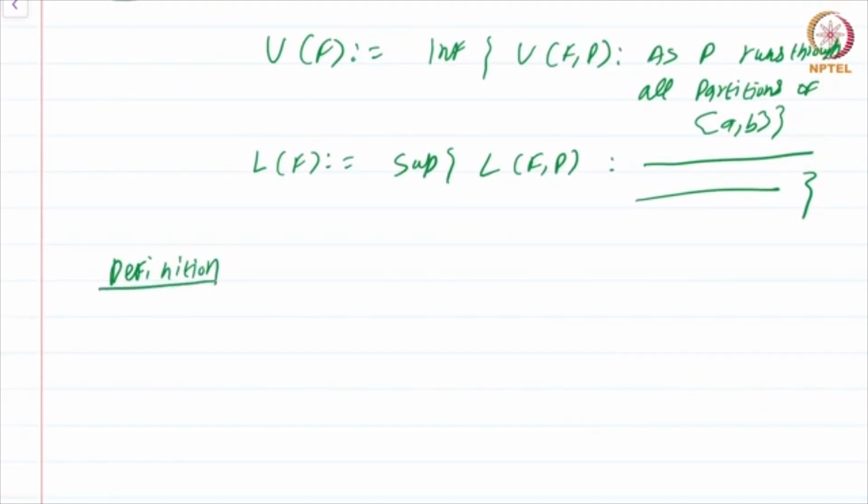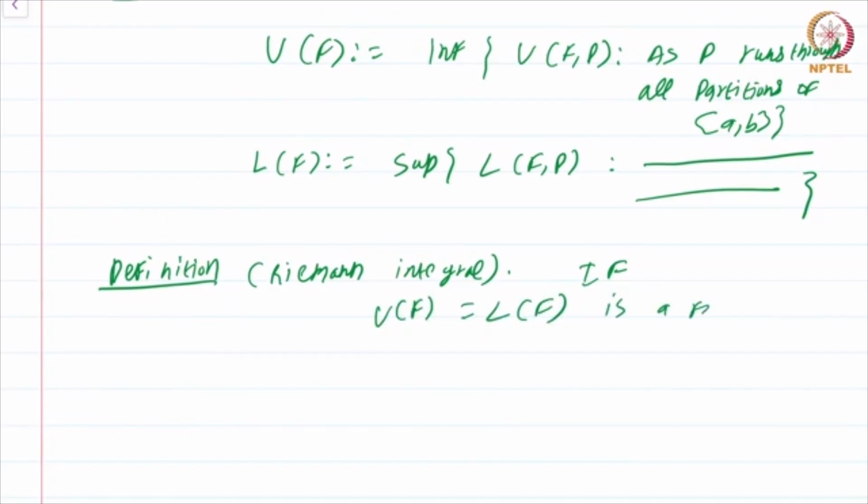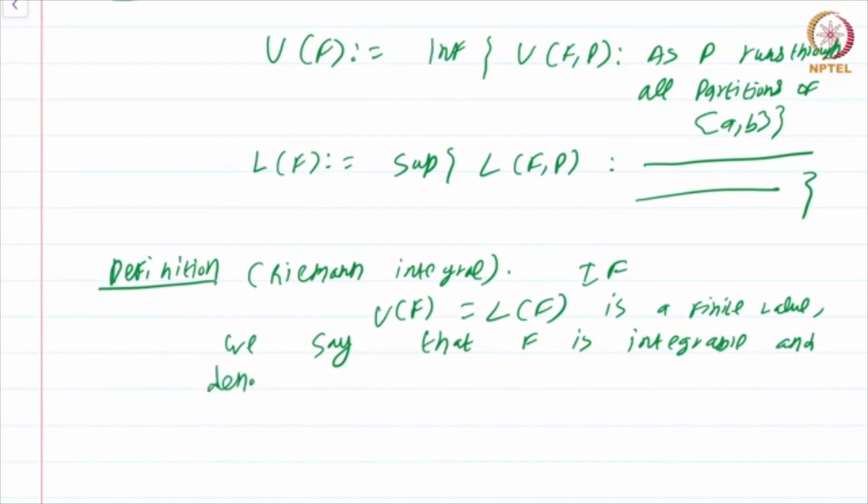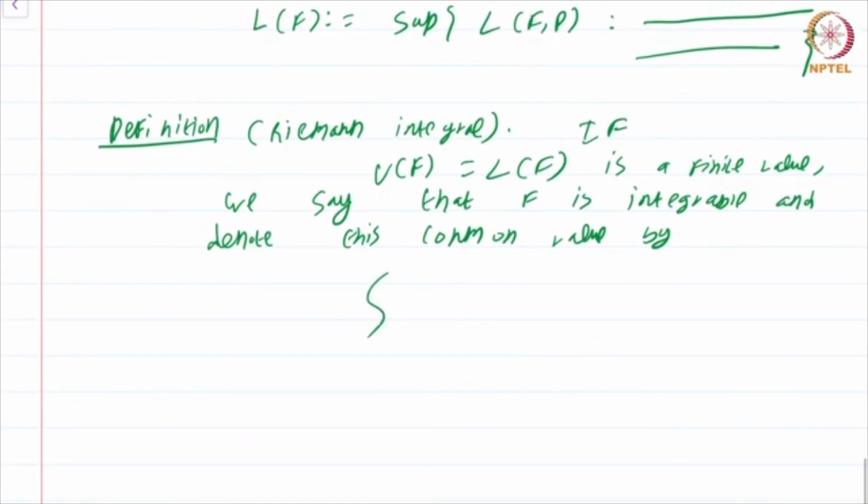The definition of the Riemann integral: if U f is equal to L f and is a finite value, we say that f is integrable and denote this common value by the integral from a to b of f.